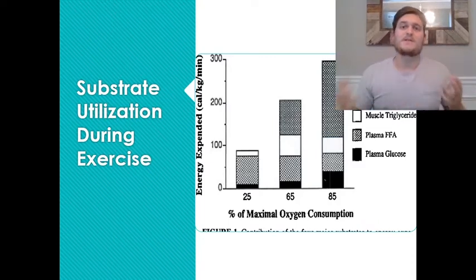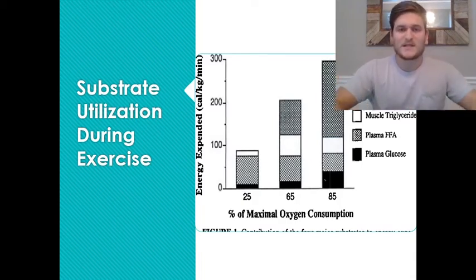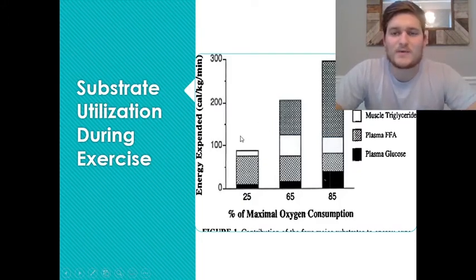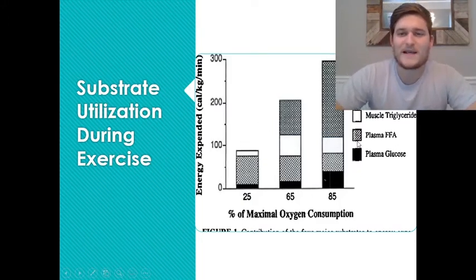But how much we use of each depends on the intensity of the activity. We can see in the graph here that at lower intensities we are going to use more free fatty acids.